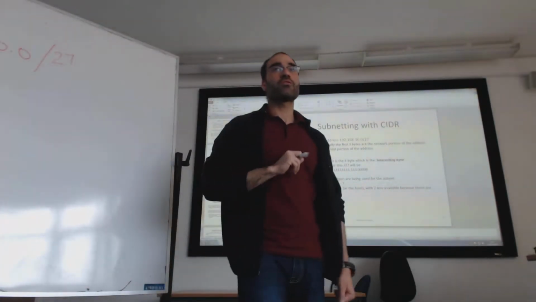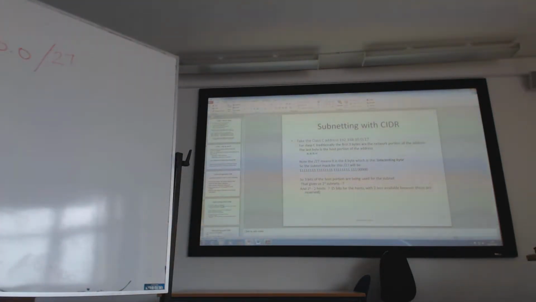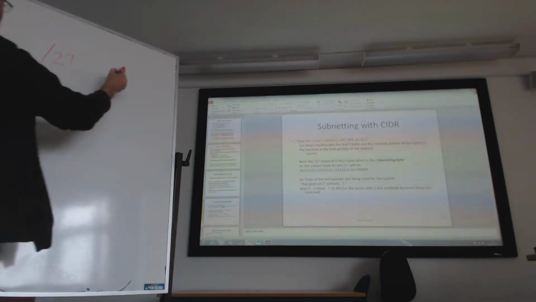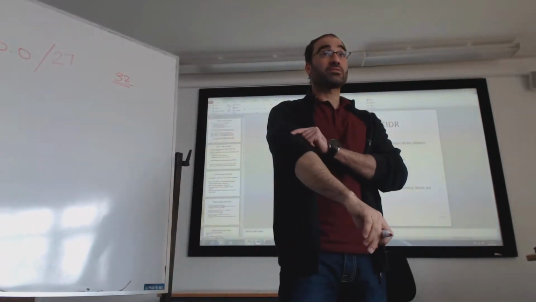Now, 27 here refers to the mask of the IP address, and it is the number of ones inside that mask. Basically, you need to know that every IP address consists of 4 bytes or 4 octets. Each octet, or each byte, consists of 8 bits. So you have 32 bits inside your IP address.